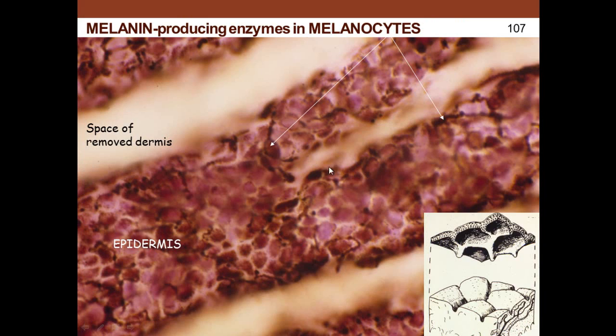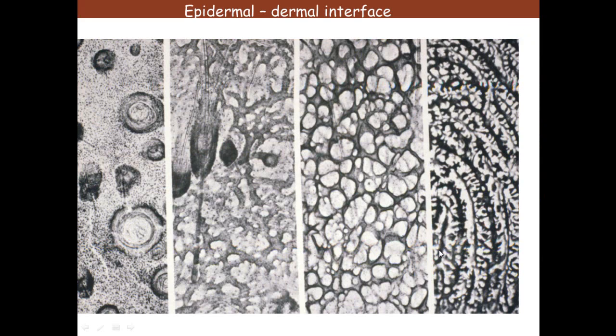Here we see the melanocytes. If we pull the epidermis off and look on the side, this would be where the dermal papillae were, and then these would be the epidermal pegs that you see there, and here we can see the melanocytes on the bottom of this surface.